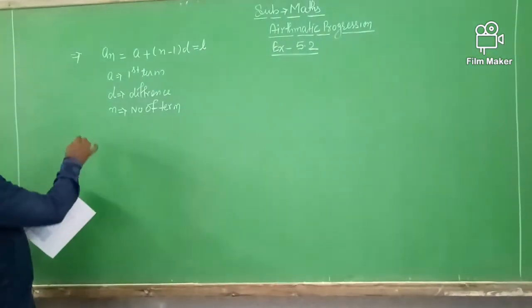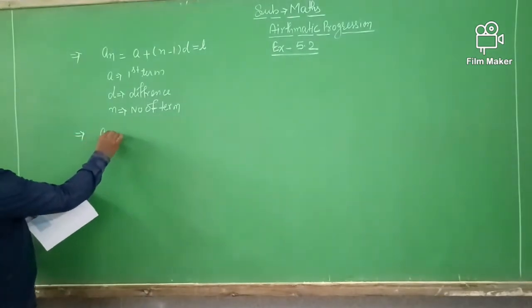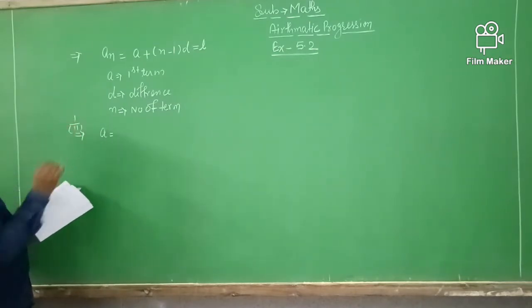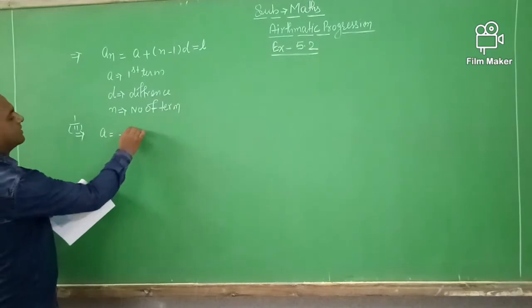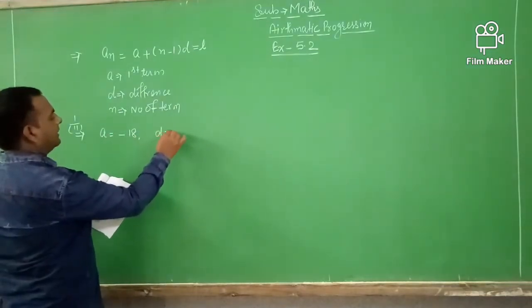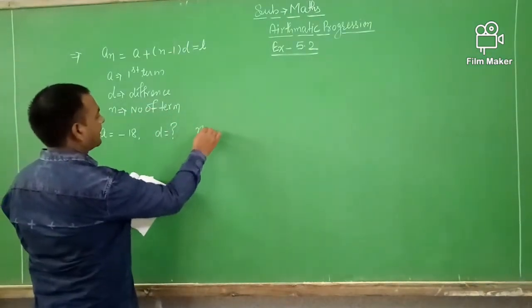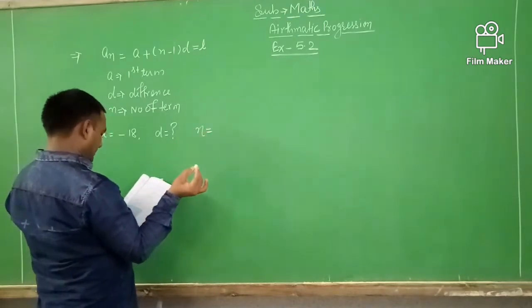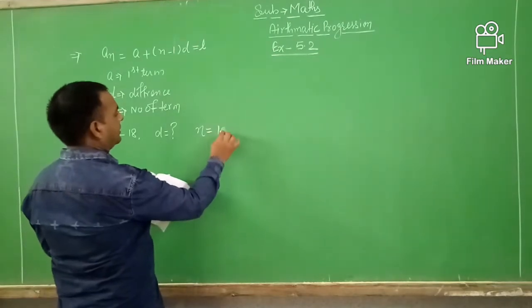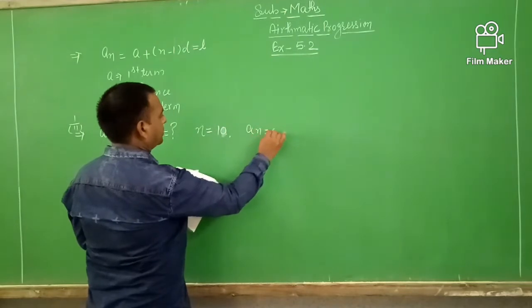Suppose a is minus 18, d is not given, n is equal to 10, and an is equal to 0.